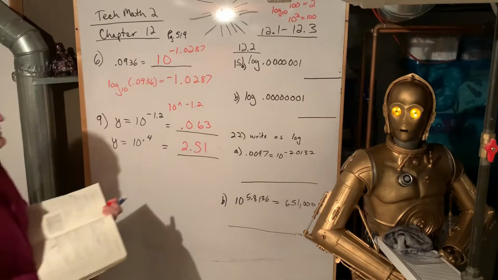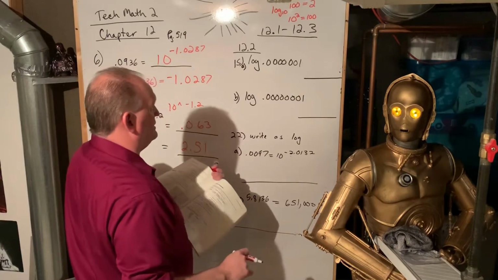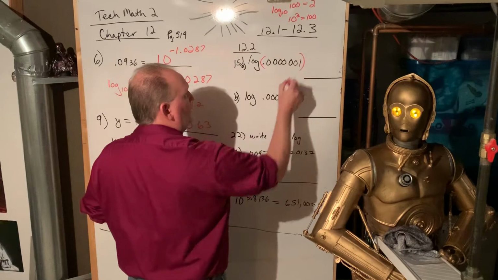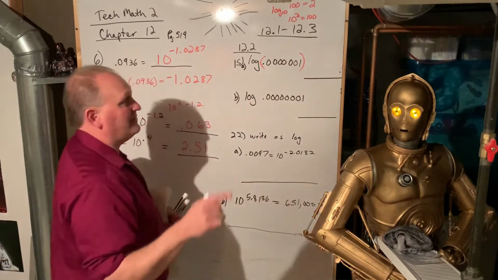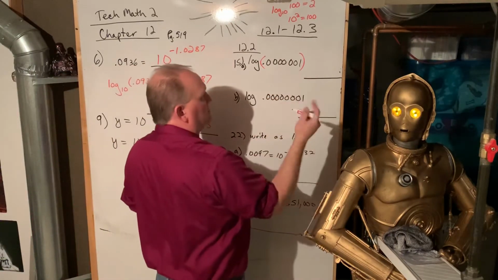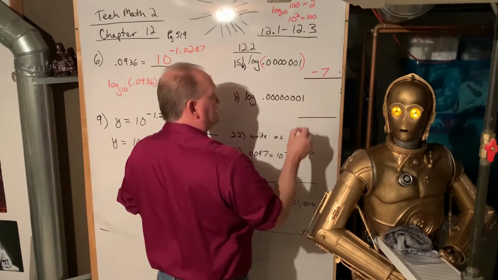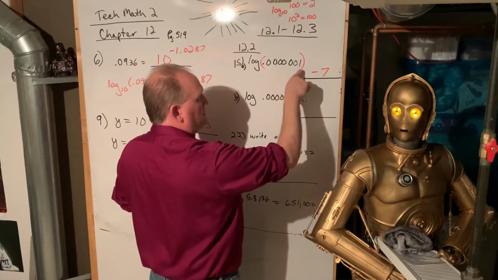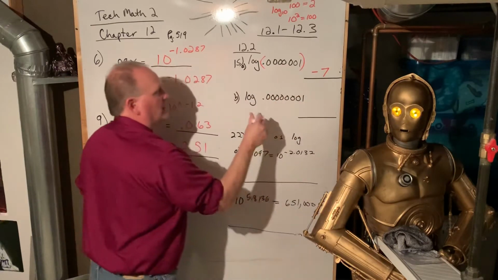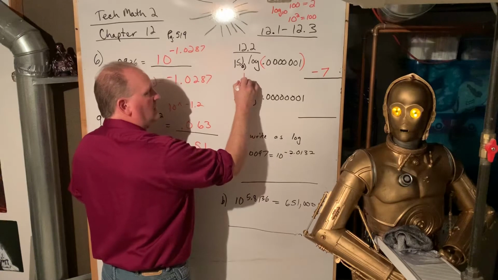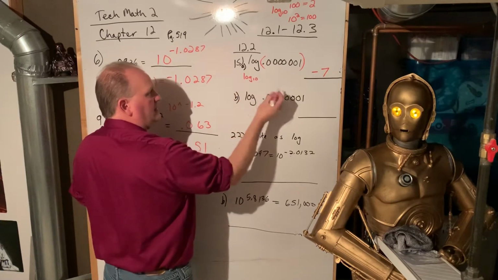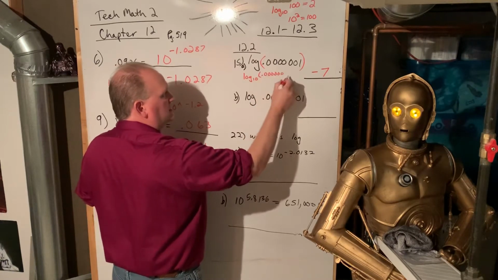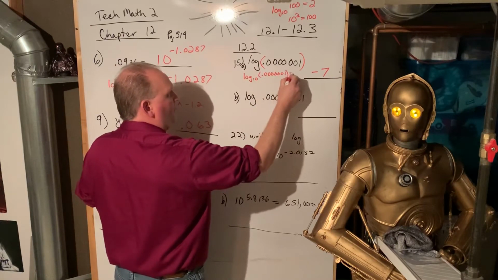Then on 15, they basically said, take the log of this number. Even without a calculator, because it's just a 1, we could do this. That's 6 zeros and then a 1. So log base 10 of that number is equal to negative 7.